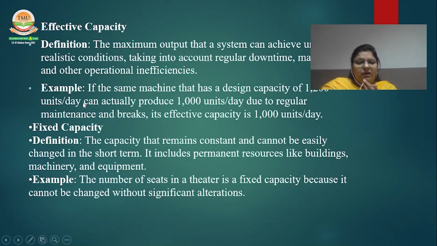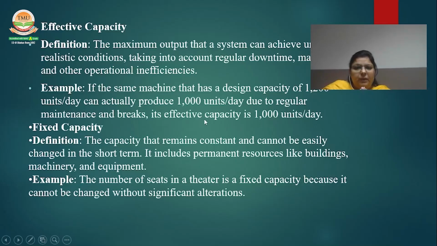Just understand with an example: if a machine that has a design capacity of 1200 units per day can actually produce 1000 units per day due to regular maintenance or breaks, its effective capacity is 1000 units. It means your design capacity is 1200 units, but your actual production is 1000 units due to regular maintenance or breaks.